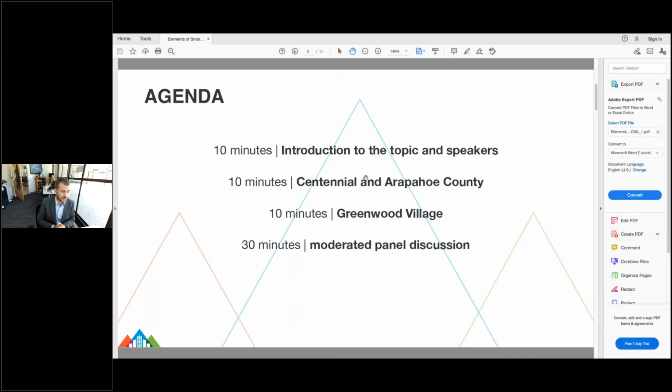And they'll talk about their experience in actually working with these different elements of smart government that I'll walk you through. And then finally, we'll end with plenty of time for a discussion. And I've got some questions for our panelists, and I hope that you do as well. And we'll have a chance to be a little more informal with the end of our discussion today. So that's what's in store.